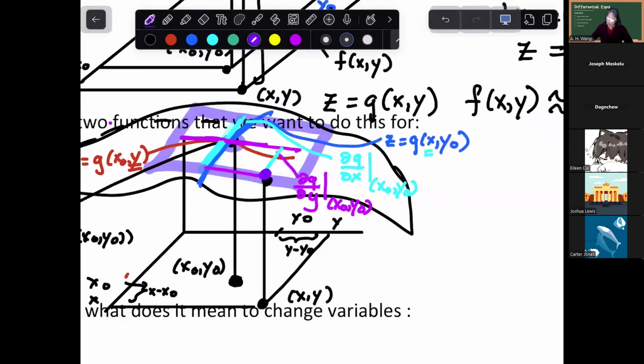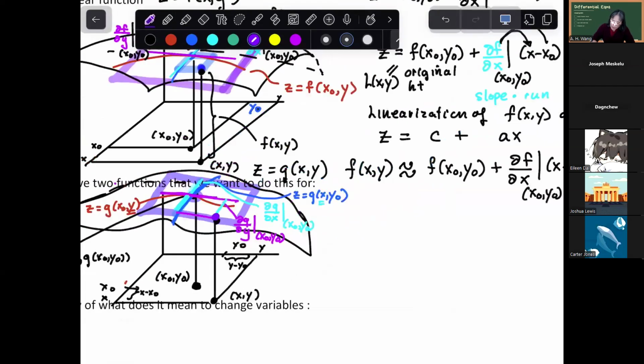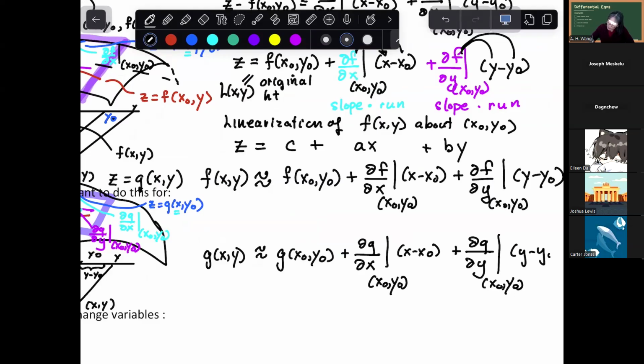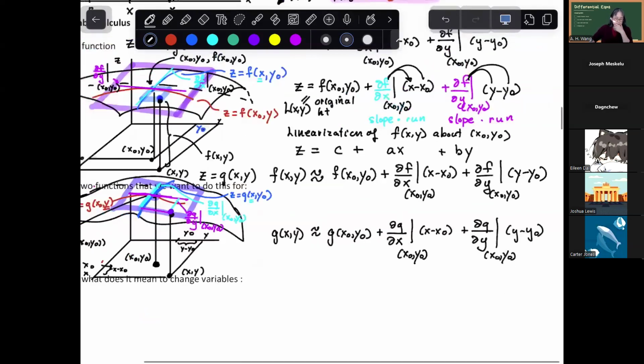So you're going to have the true height, and you're going to approximate it by the original height at the point of tangency, plus partial of g with respect to x, the slope in the x direction, times the run, plus partial of g with respect to y, evaluated at x naught, y naught, the slope times the run. So you have two of them.